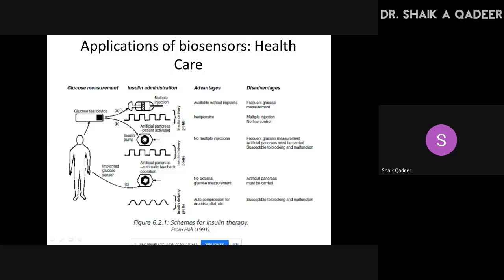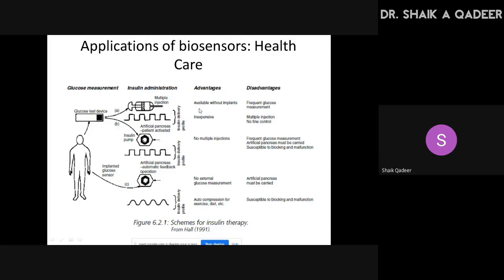We all know the procedure for this measurement is that we first need to calculate the glucose content. Accordingly, one method is chosen to address this particular problem. If the chosen method is injection, we need to inject insulin. The advantage shown here is that it is available without implant, meaning there is no need to implant the insulin inside the body.